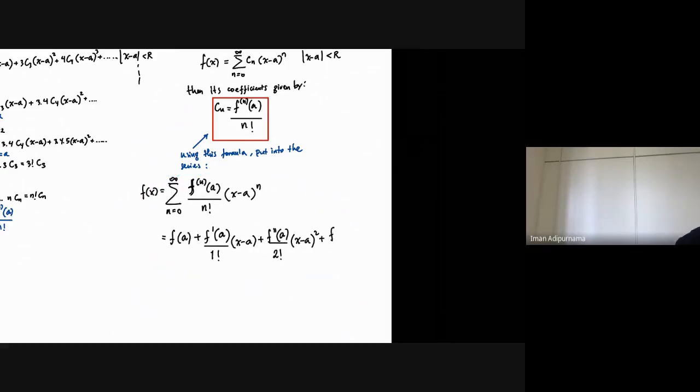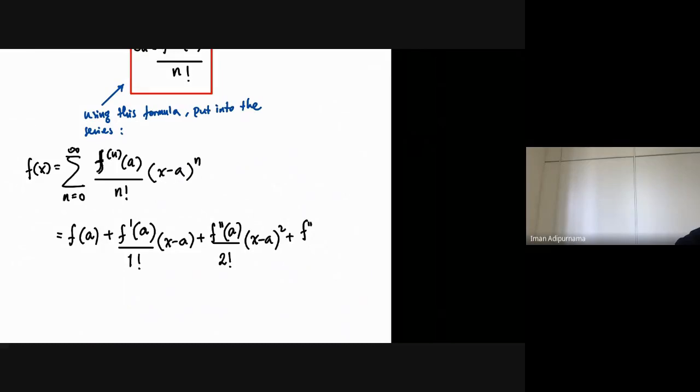And then plus the third derivative, divided by 3 factorial. If you want to write it with 3 or 2, I think that's fine, because if you write 4 or 5, maybe it's too long. So you can write 2 or 3, that's fine.